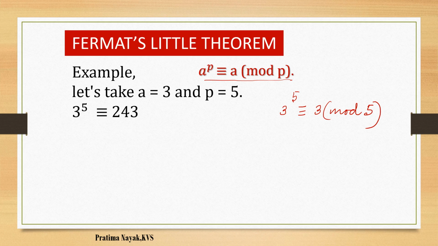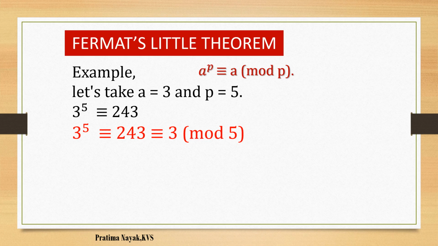If we divide 243 by 5, the remainder is certainly 3. So it is verified, and after the verification it is easy to be convinced.